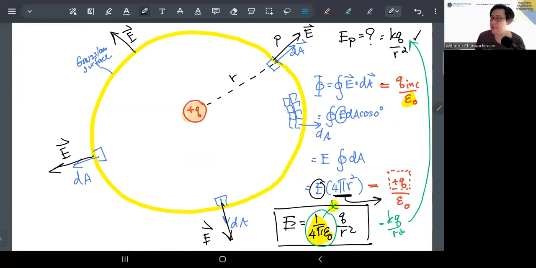But the limitation of this one is that it's a highly symmetric problem. Because if your charge distribution is not very symmetric, then you're not going to know what the shape of the surface you're supposed to use is.